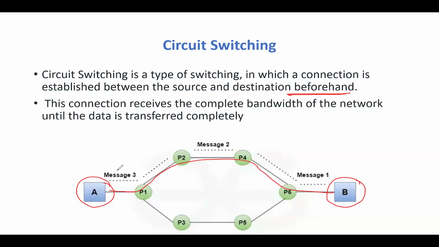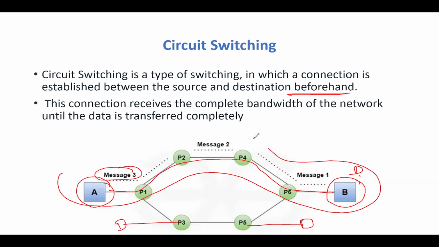So unless and until the entire message is sent to the destination, other sources, for example, if there is another node which wants to access the same network, it is not possible. This entire path will be dedicated to this particular message passing only. So that is a drawback here. This is circuit switching.